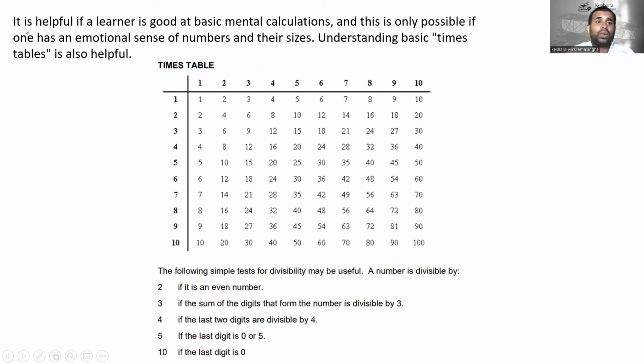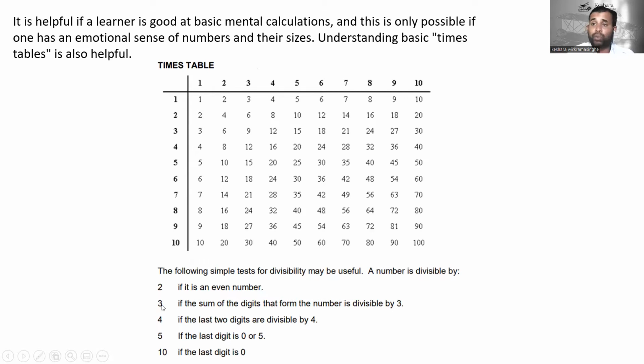It is helpful if a learner is good at basic mental calculations, and this is only possible if one has a good sense of numbers and their sizes. Understanding basic times tables is also helpful, so you can go through the times tables. The following simple tests for divisibility may be useful. A number is divisible by 2 if it is an even number.